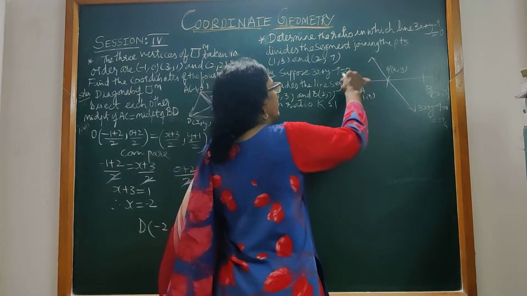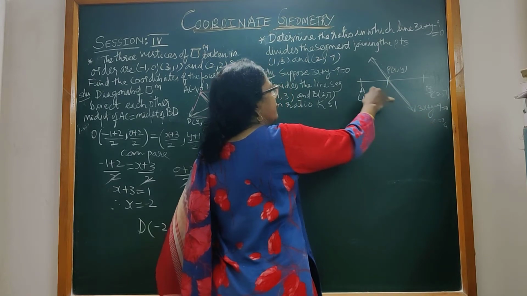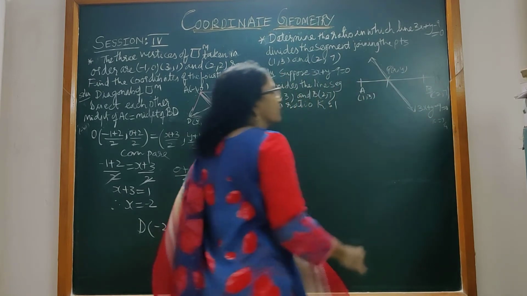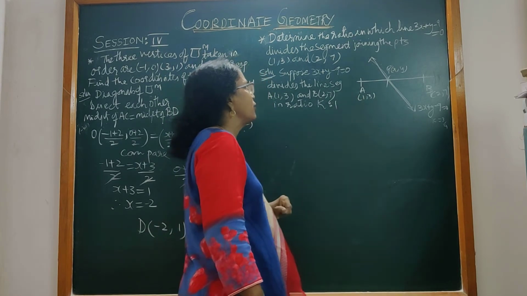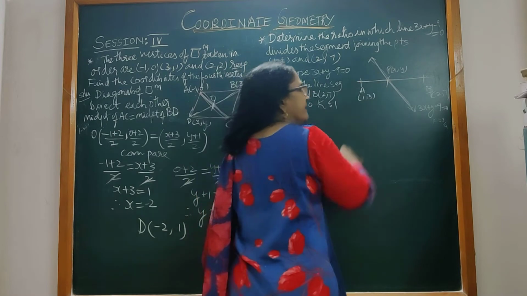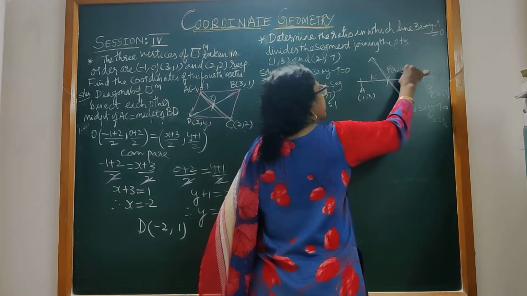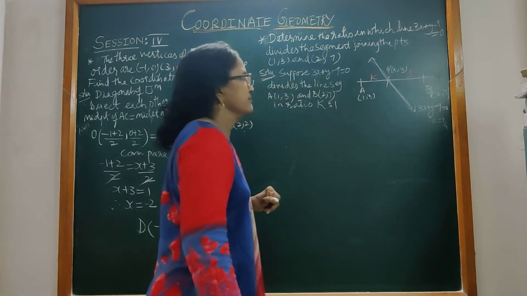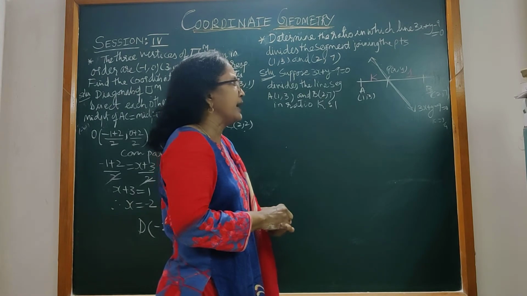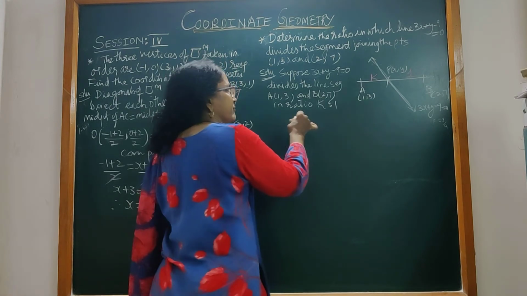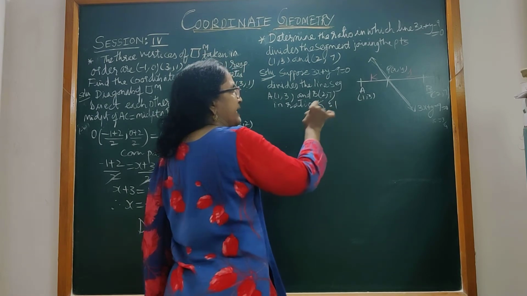So what will we do? Suppose this line 3x + y - 9 = 0 is passing through the line segment A (1, 3), B (2, 7), and we are taking this ratio as k and this as 1. Now you can apply it, P is the coordinate. First we will find the ratio k is to 1.